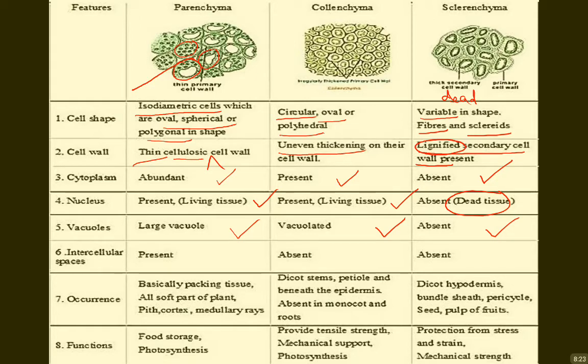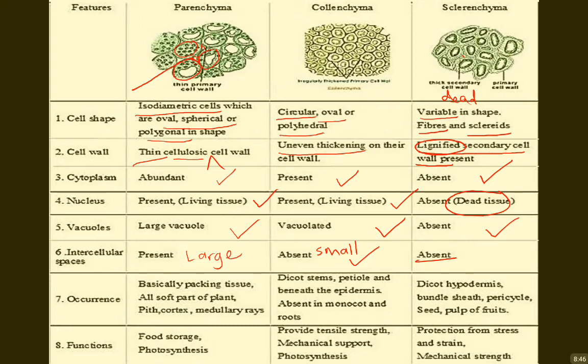They are not only present, but they are large intercellular spaces, a lot of space here. For collenchyma, yes, they still have space, but compared to parenchyma, they have small intercellular space. Sclerenchyma, not at all. They do not have space between the cells.